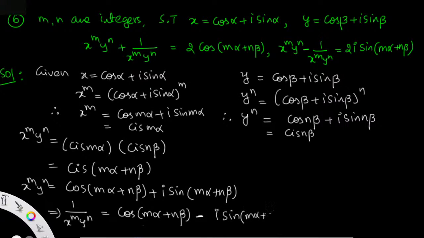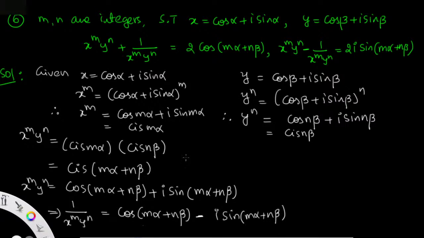Then what we have to prove: x^m y^n plus 1/(x^m y^n), so this term and this term should be added. Same thing.